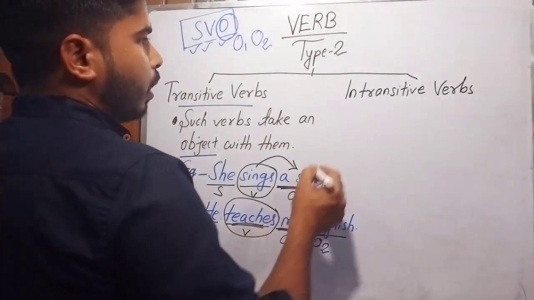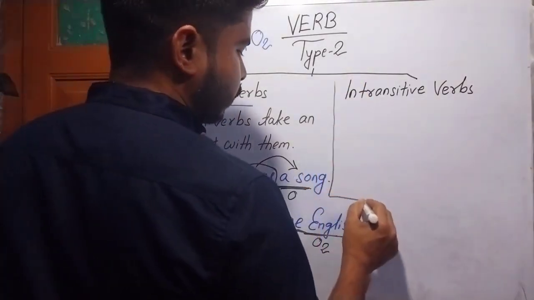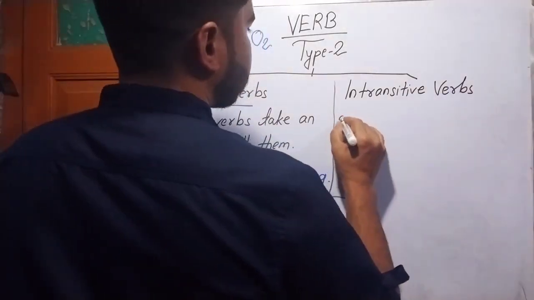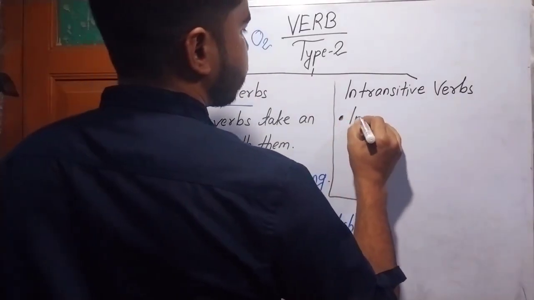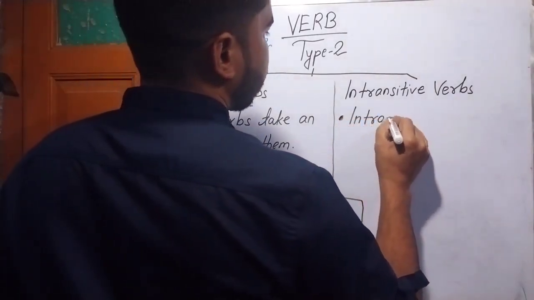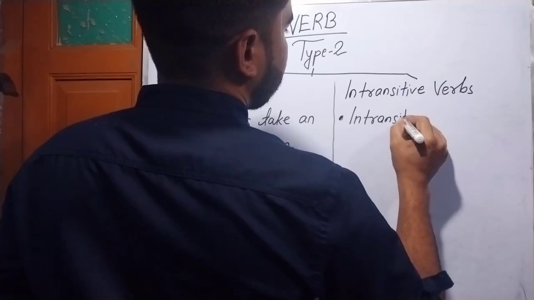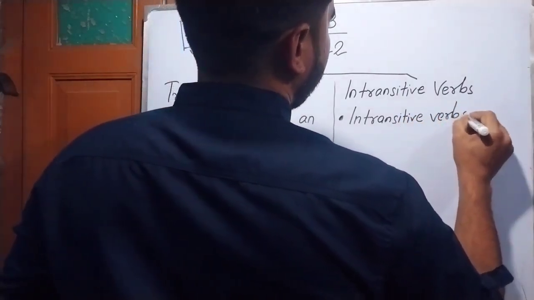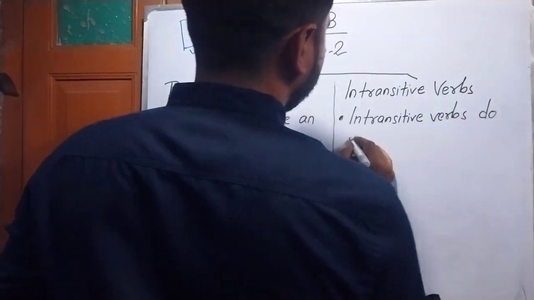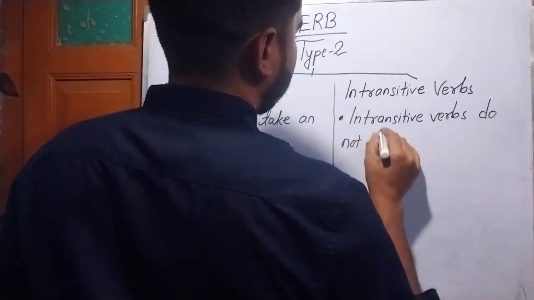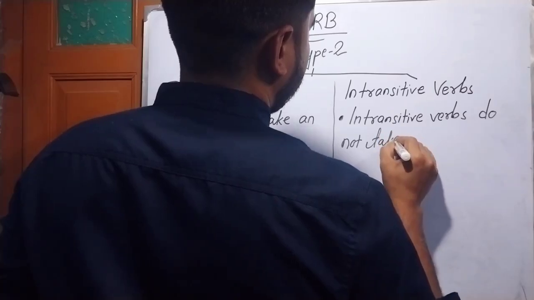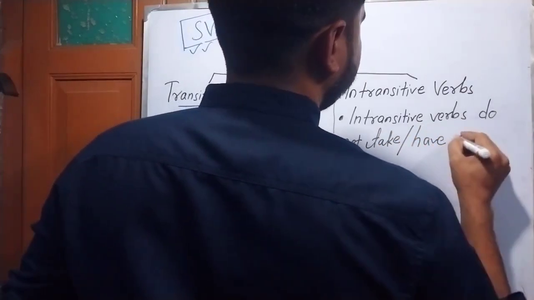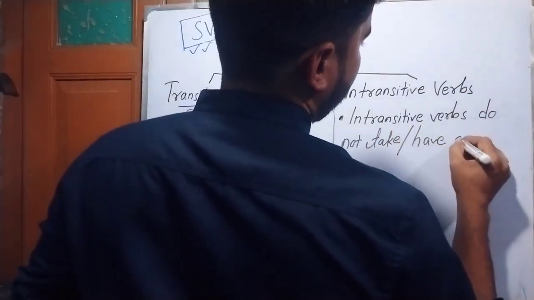Okay. Now, what is intransitive? Simply, we can say that intransitive verbs do not take or have objects.